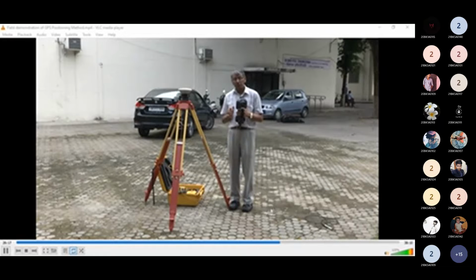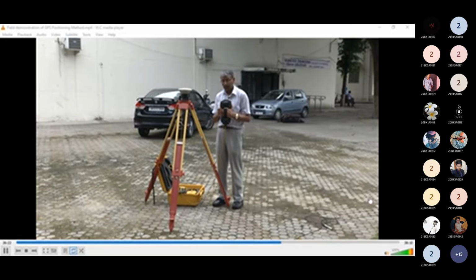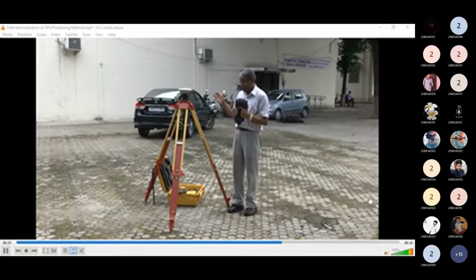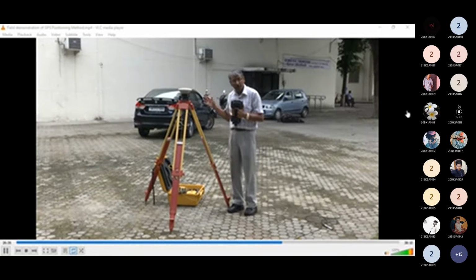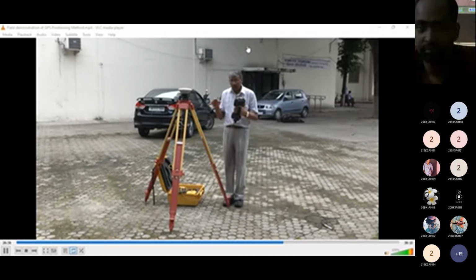Now I will demonstrate the relative method of surveying, which is of stop and go type, in which we have already set up the reference receiver in the reference station, and now we will be setting up our rover station.